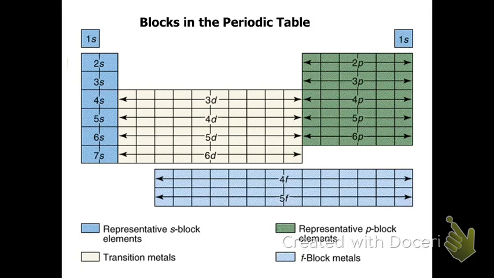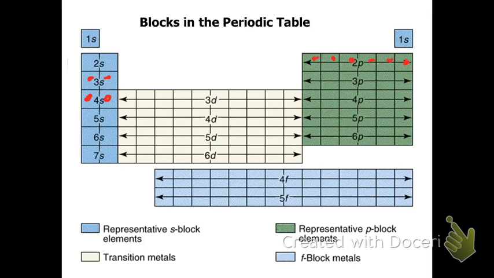And again, I think it's worth mentioning, I tell this to my regular chem kids all the time, that we know there's one s orbital and it contains 2 electrons. And if you did the counting, if you look at any one of the s blocks, you'll see 1, 2, to show that there's only one orbital with 2 electrons. If you go over to the p, there's 3 p orbitals, and each one contains 2 electrons. 1, 2, 3, 4, 5, 6.